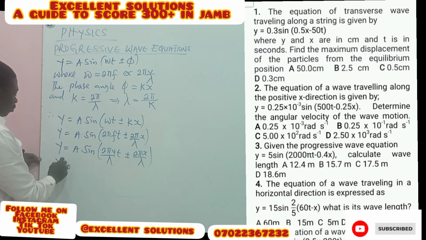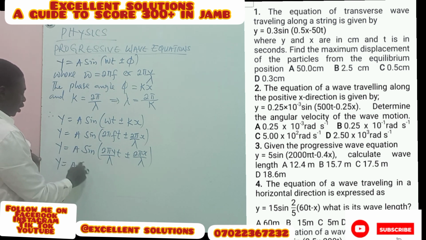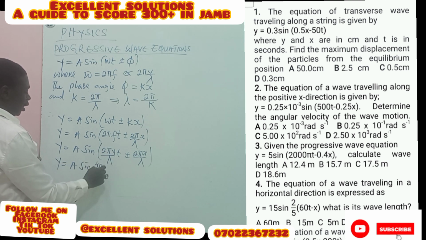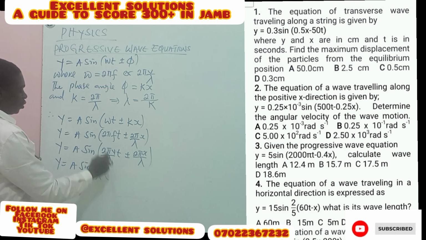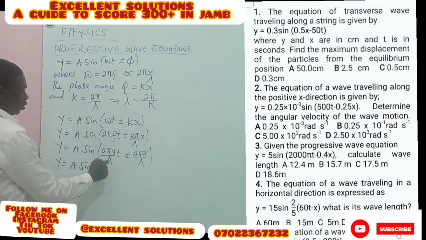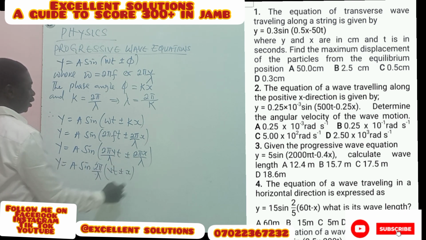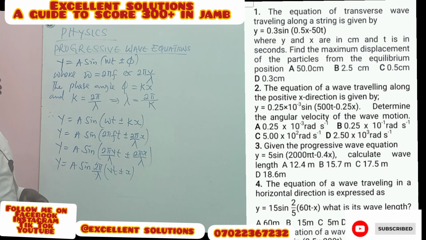So we now have y equal to a sine, then we have 2 pi upon lambda, open bracket, vt plus or minus x. So we can use these equations for solving our progressive wave equation.